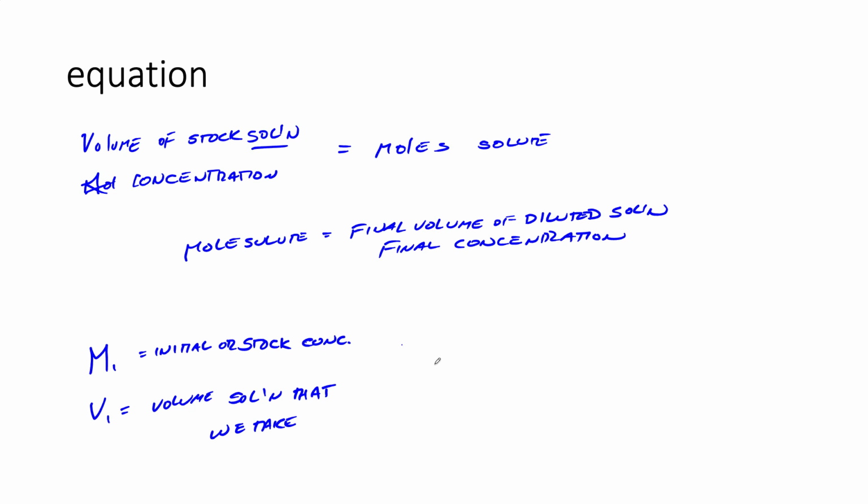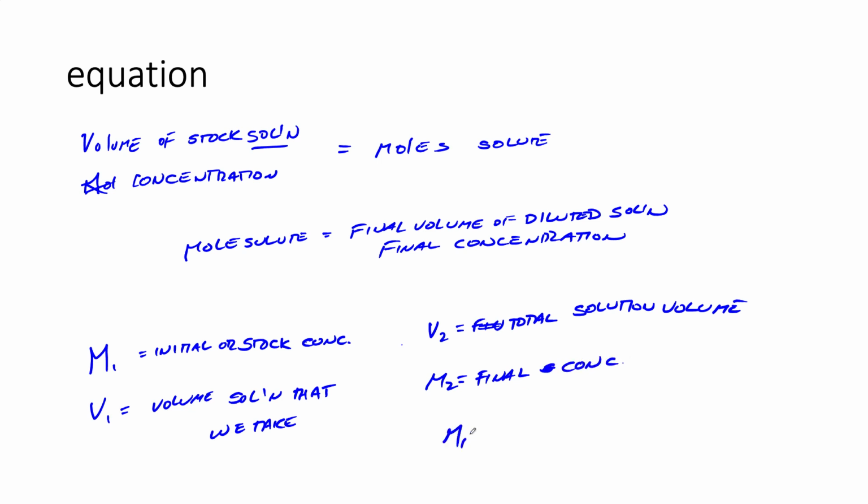And that equals V2, which is our final total solution volume. And M2 is our final concentration of our diluted solution. So that's M1 V1 is equal to M2 V2.